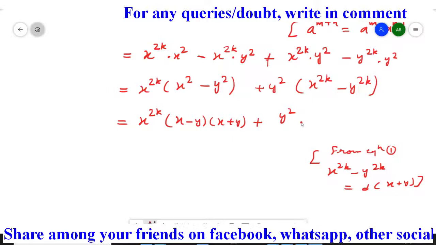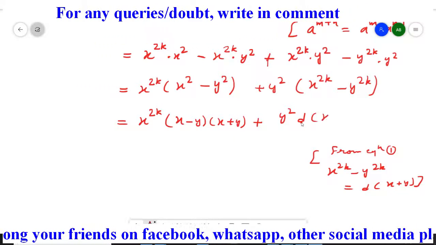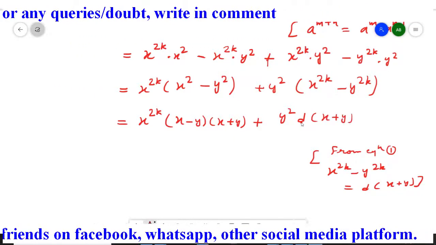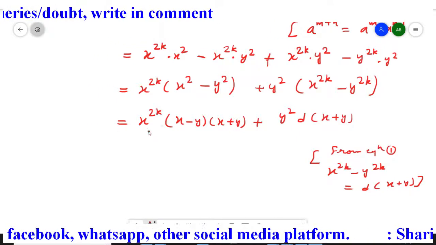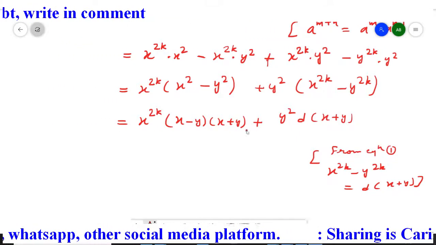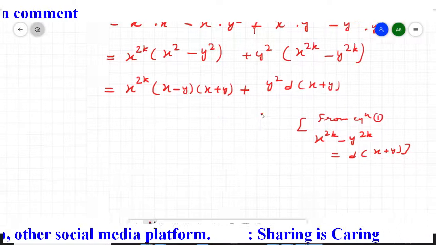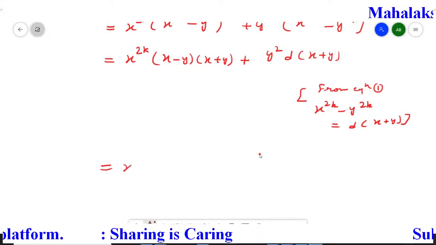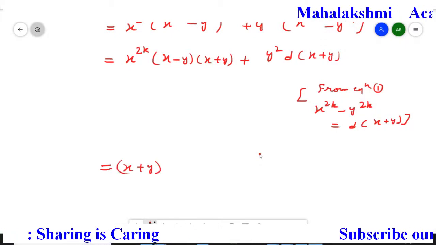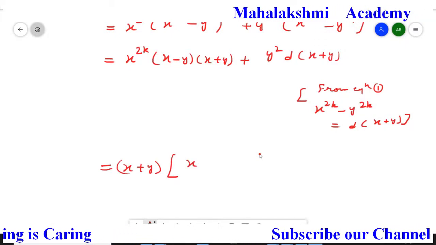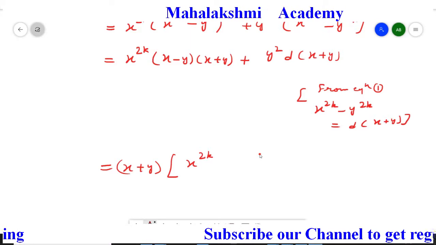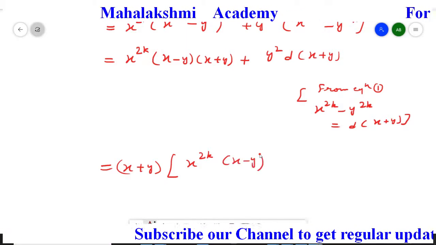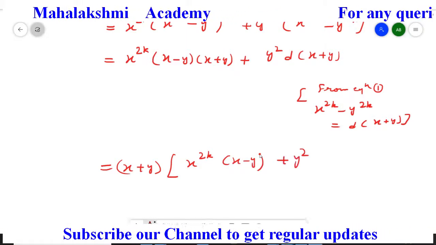So when we replace here, we will get d multiplied by x plus y. Now in both these terms, you just see here in this term and in this term x plus y is common. So we are going to take x plus y common. So when we take x plus y common, we remain with x plus y, just take common. In the big bracket, we remain with x raised to power 2k bracket x minus y plus y square d.